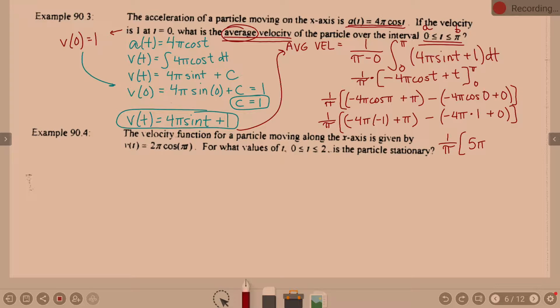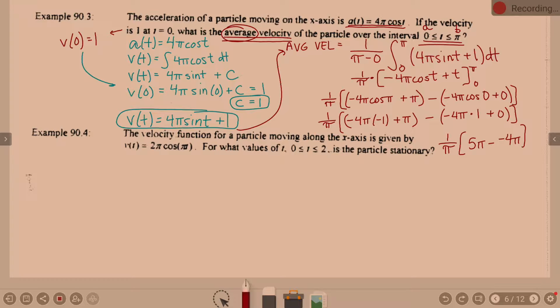So negative 4 pi times 1 is going to be negative 4 pi. It's really going to be minus negative 4 pi, which is going to make it 5 pi minus negative 4 pi, which is 9 pi, times 1 over pi, just 9.